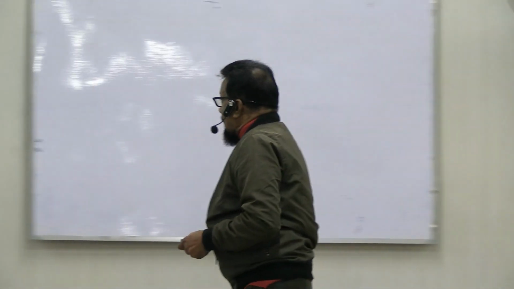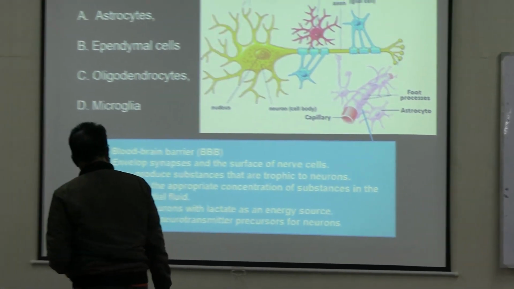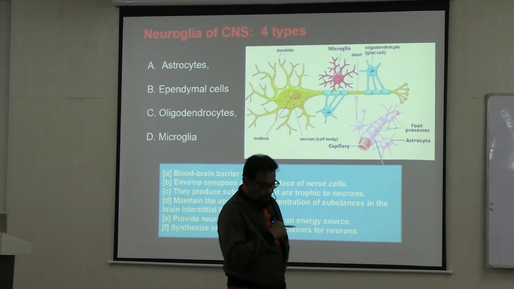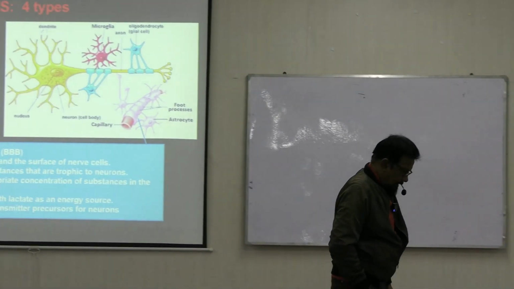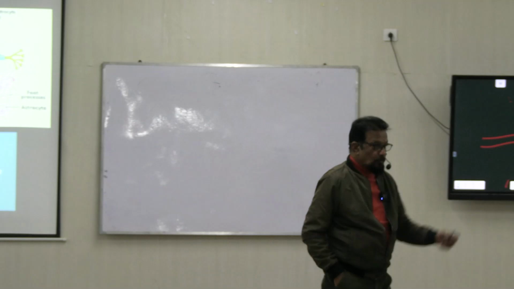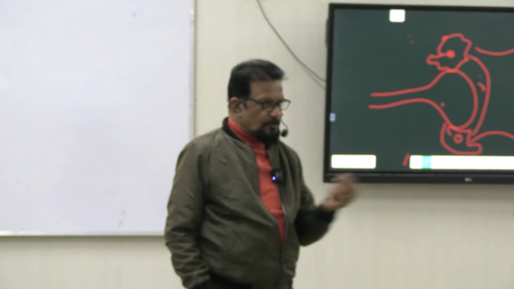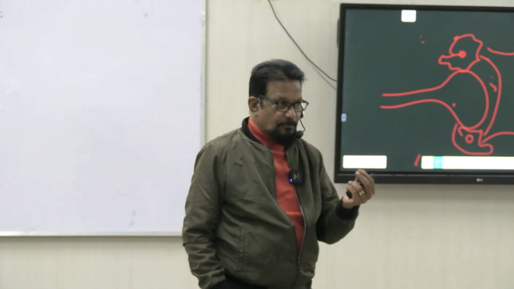And they provide neurons with lactate as an energy source. So we know the cell wants to derive its energy. What is the substrate?